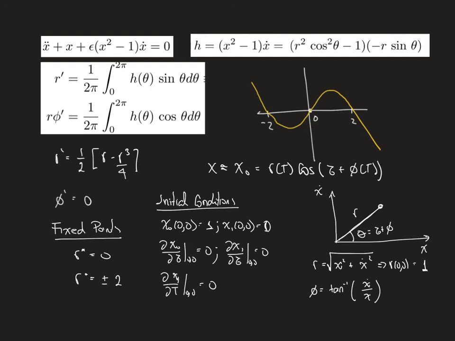Okay, I need to be a little bit more specific in here. So remember that we are talking about this equation. So r is expressed with respect to x naught only. Therefore, this is something I have to clarify in here. X naught. Okay. And this one is equal to 0.